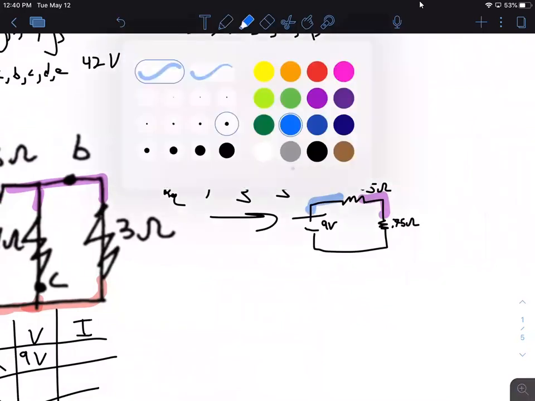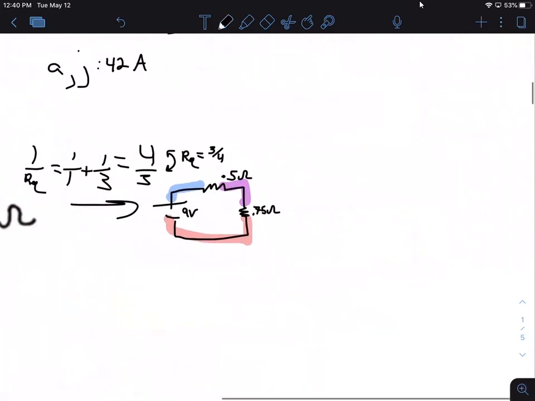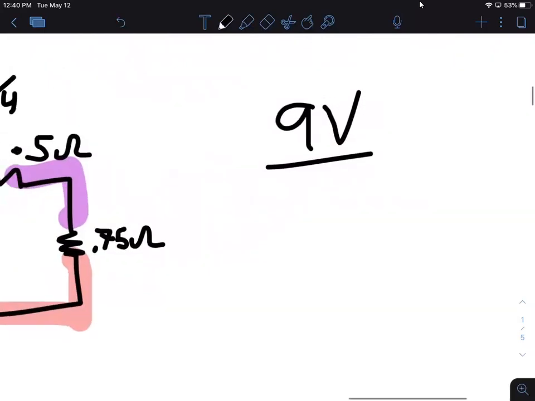Put our colors. The combined resistor here we can see is still going from purple to red as the initial ones did. All right, now these are in series. So overall my current is 9 volts divided by 0.5 plus 0.75, which is 1.25 ohms.